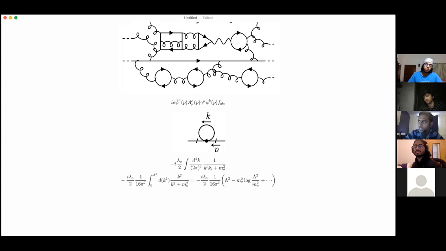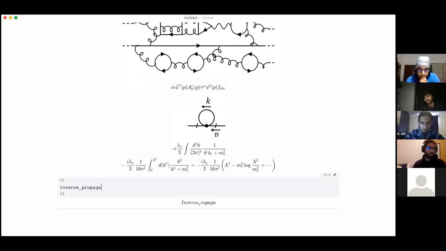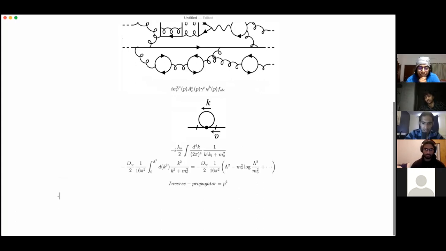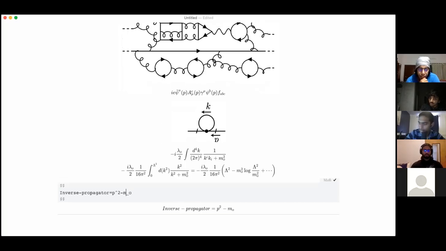And so that object, the inverse propagator, is basically going to equal p squared minus m naught squared, minus all this jazz, right?